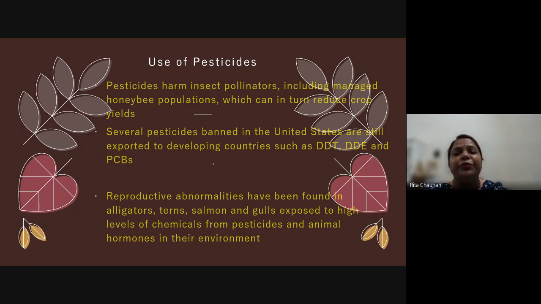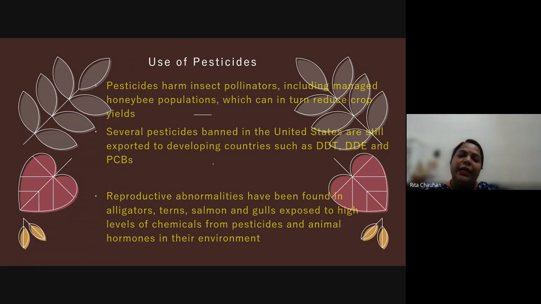Many countries like the United States have completely banned DDT and PCB, but they are exporting them to developing countries. So this is a wrong practice. If a certain pesticide is harmful for the environment in any country, it should be banned completely.